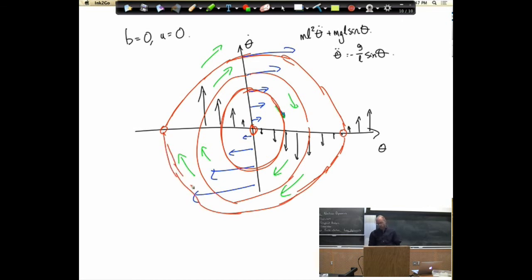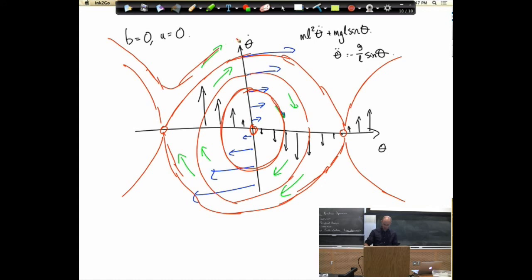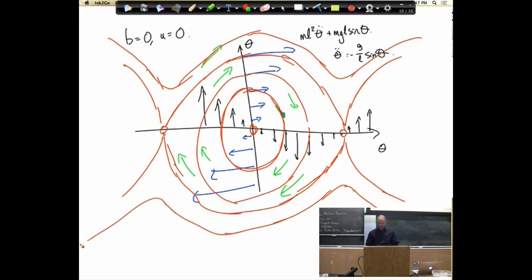And if you draw enough of these, there's actually another one that comes this way. So you get this freaky eyeball-looking thing. That's the famous canonical pendulum eyeball. Over here you get orbits that look like this. This is all just from plotting a few vectors and filling in some of the details.